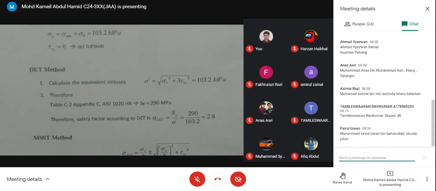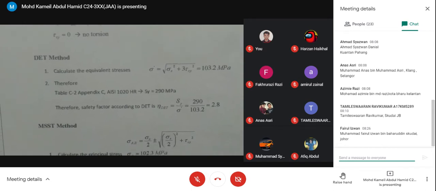Okay, for ductile material, for DET distortion energy theory and MSST maximum shear stress theory ni, we will apply SY value. SY value ni is the material property, the yield strength.